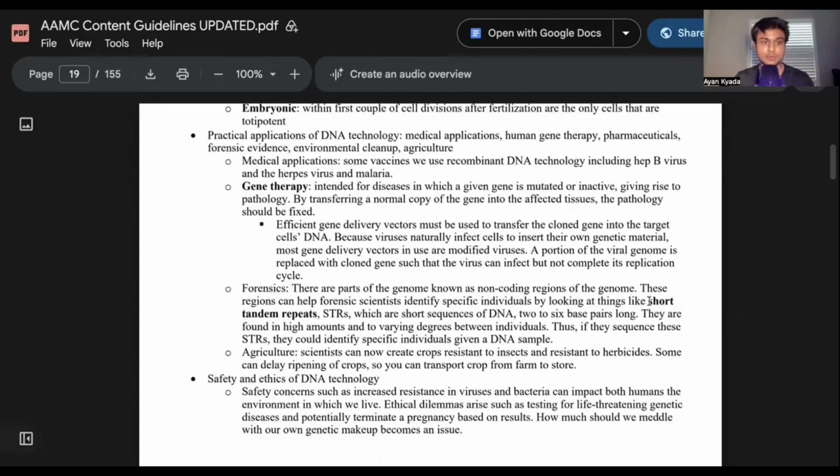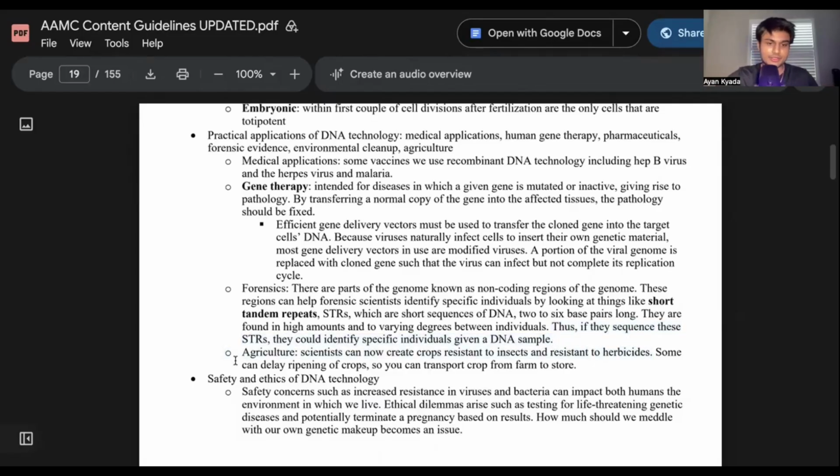So as humans, we each have our unique 1 to 6 base pair repeat sequence that is found all throughout our genome. And that can be used as a very good way for identification, whether it be through paternity testing or forensics. The idea is that if they sequence those specific STRs, they could identify specific individuals.